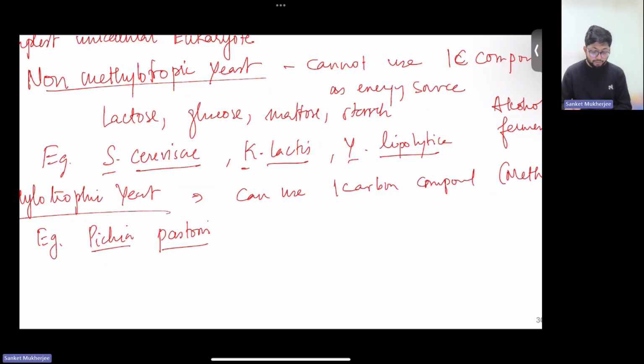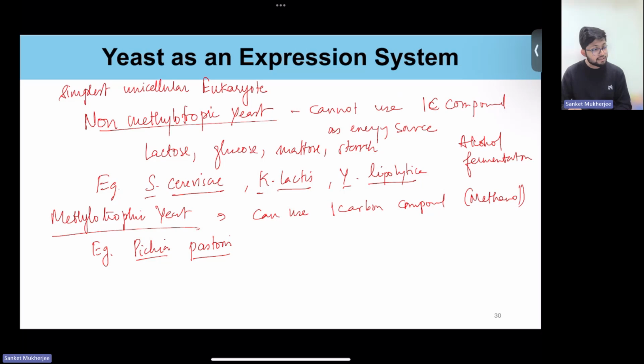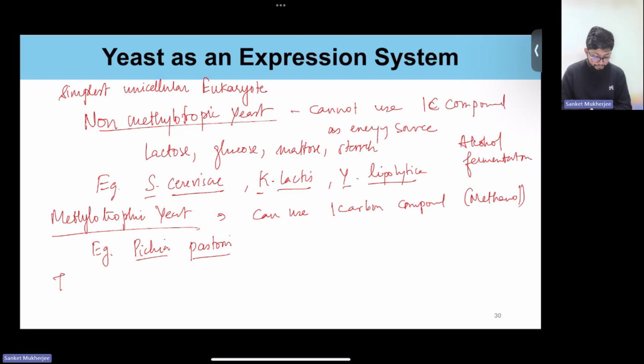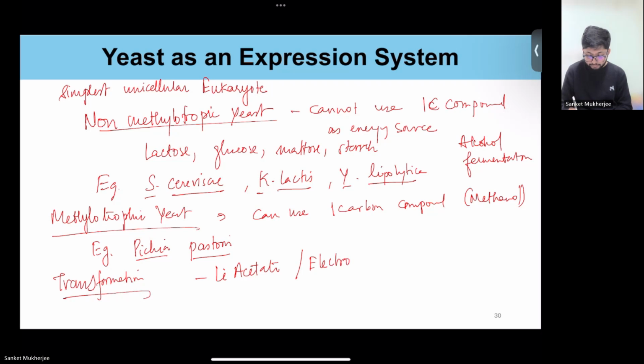So for using yeast as an expression system, again, we can transform them. Transformation is the process of inserting DNA into these cells. We use either lithium acetate or electroporation for inserting the DNA.